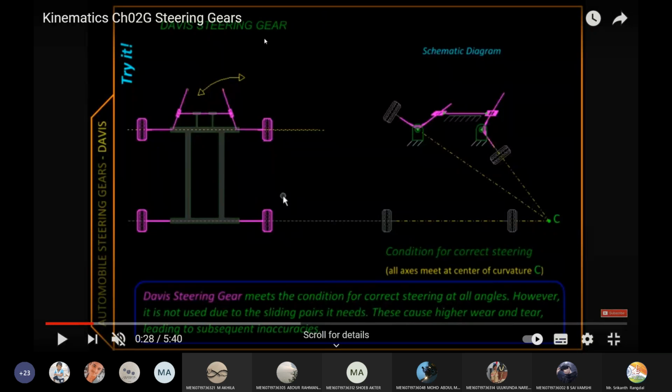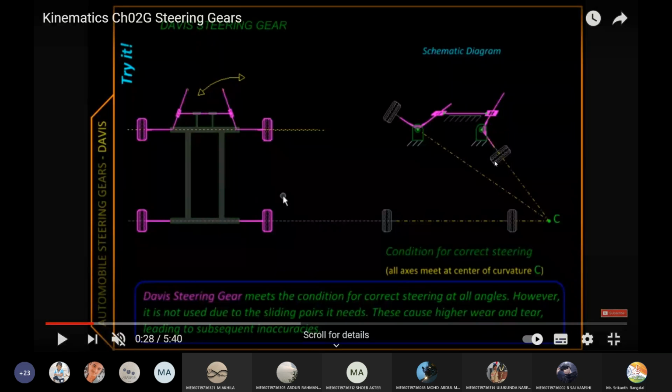So this is the problem faced if the rotation of these tires is not taken into consideration. In fact, the axes of all the tires have to converge at a single point. That is the condition for correct steering. Are you getting it?